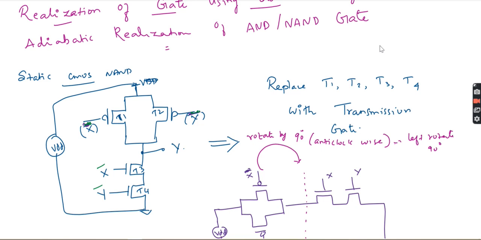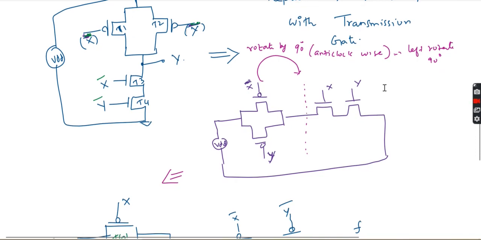As I mentioned, just for our convenience, we rotated the circuit left by 90 degrees anti-clockwise. The circuit becomes like this, with X and Y, and X bar, Y bar.